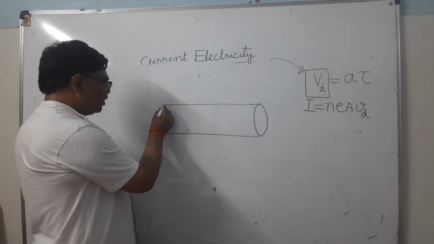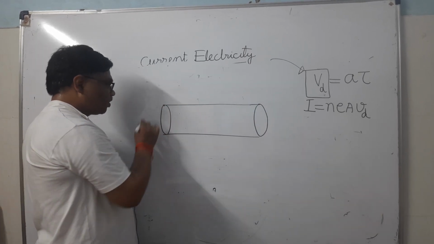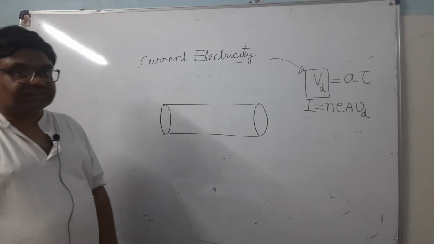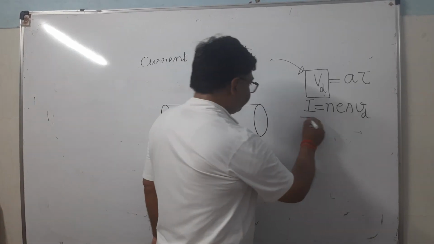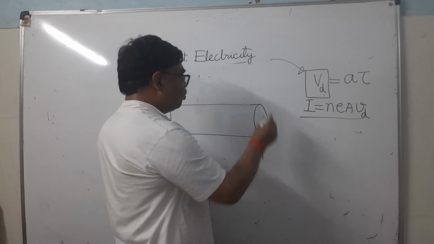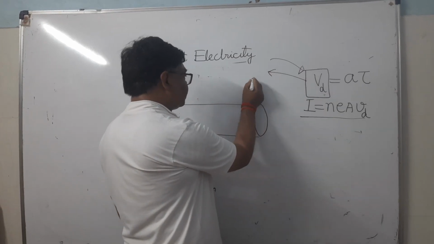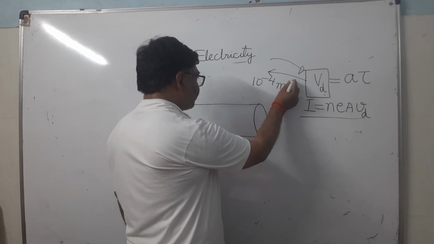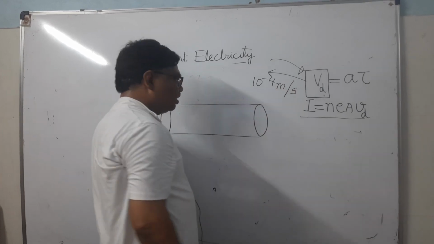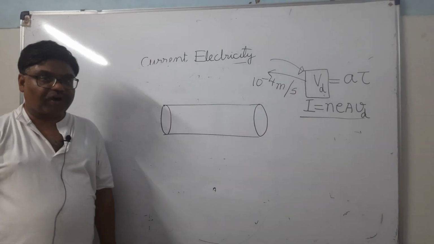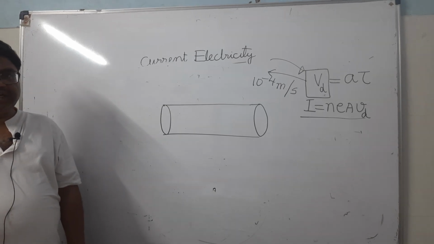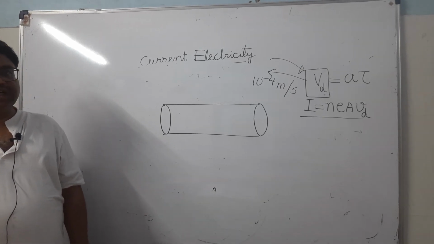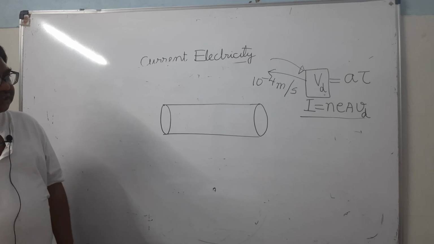Whether it is deduced for uniform or non-uniform cross section, in every case it will be true. One more thing I want to tell you: what is the order of drift velocity? 10 to the power minus 4 meter per second to 10 to the power minus 5 meter per second.